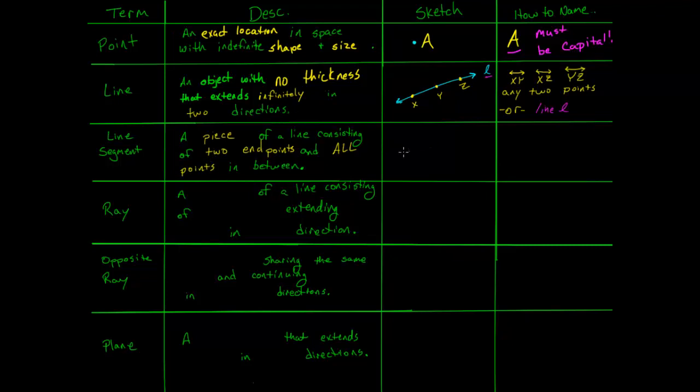So, if I was going to draw this out to the side, it's got 2 endpoints. There's an endpoint. Imagine that being a straighter line. And let's label this. This is X, and this is Y. Well, there's line segment XY, and it says it consists of 2 endpoints and all points in between.